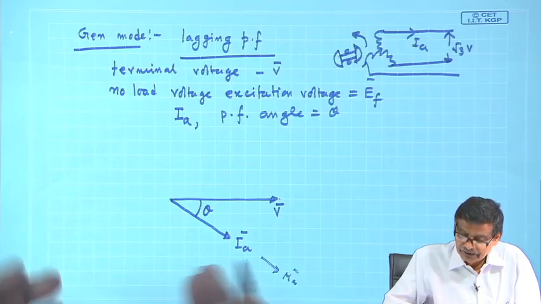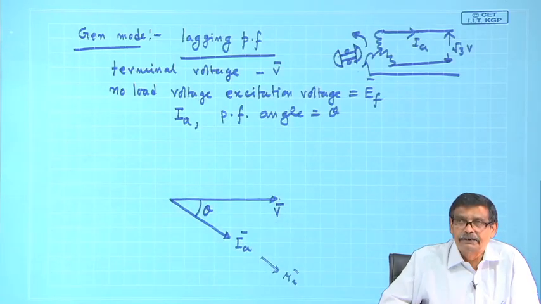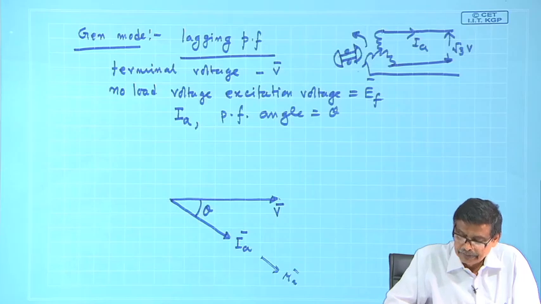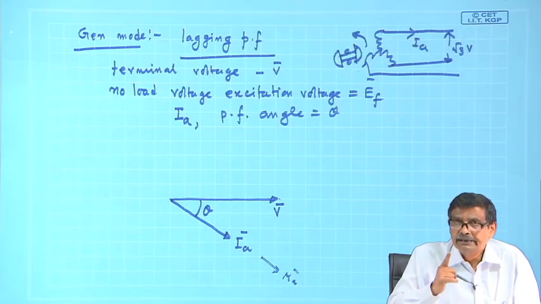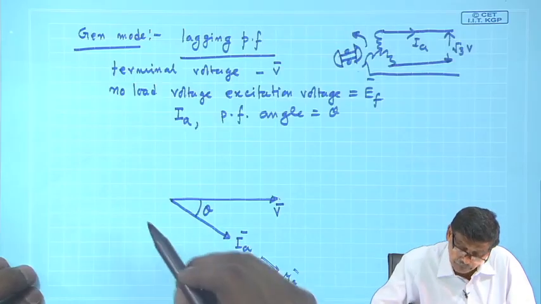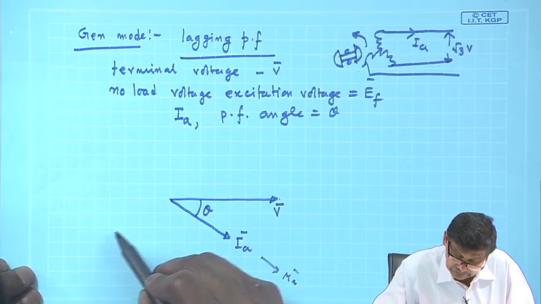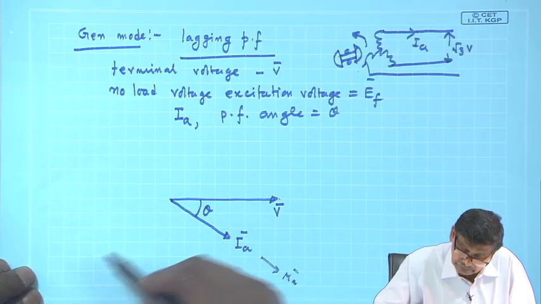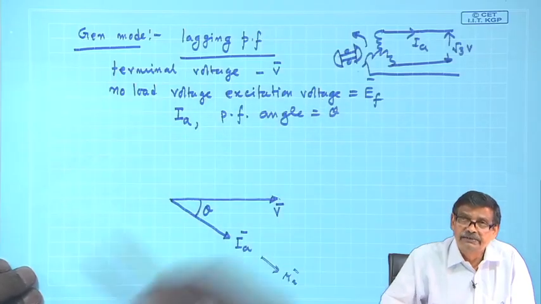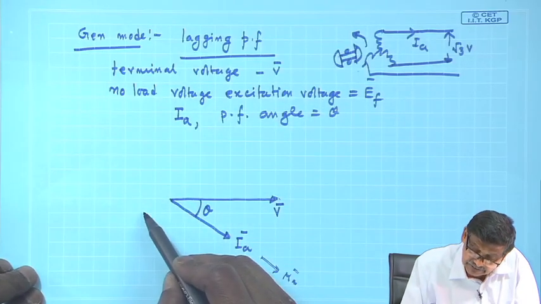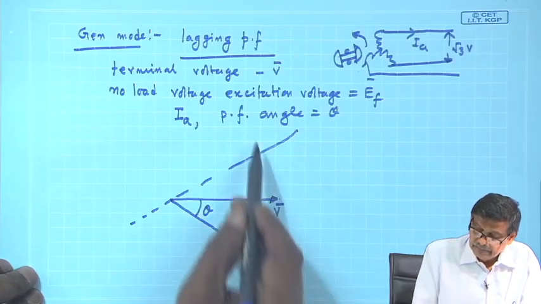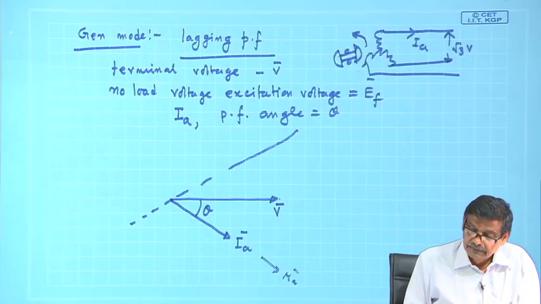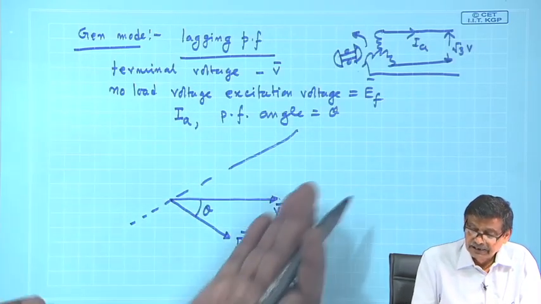Now, the big question is, where is the d axis and where is the q axis here? I do not know, it looks like, but one thing I know is that it is generator operation. Therefore, the EF axis must be above V. That is why it is generating.